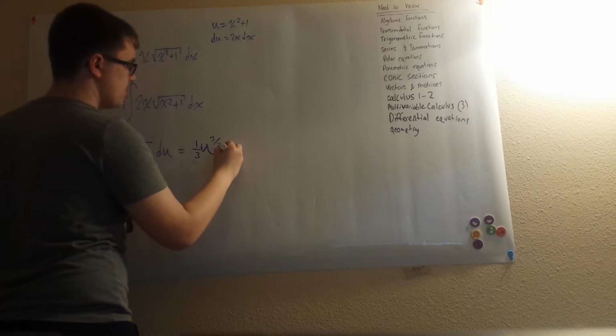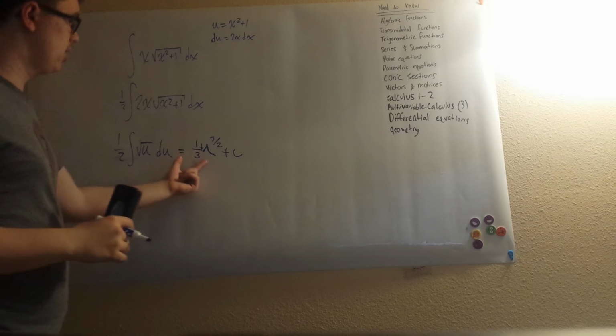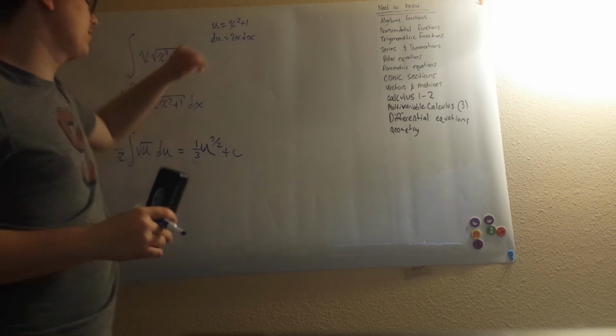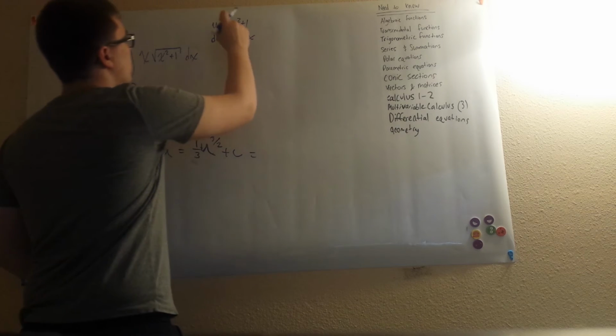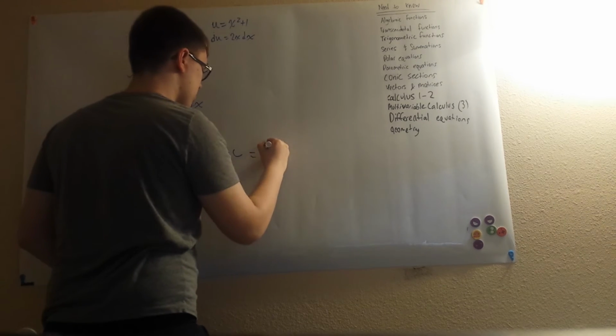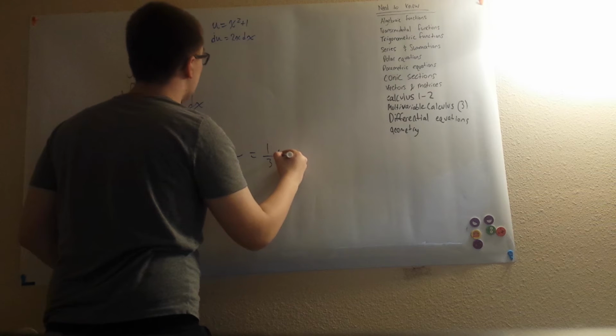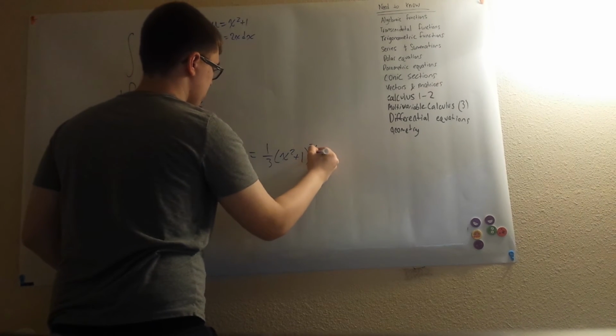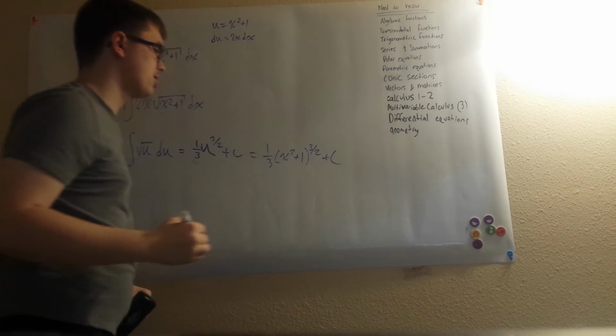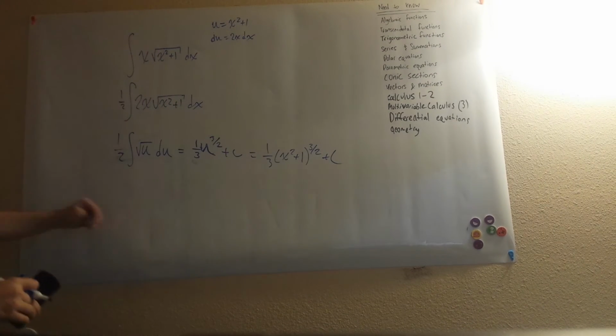Okay, plus a c. But we don't want u's in our answer, we want x's. So we just replace u with what we had in x. So this is 1/3 times x squared plus 1 to the 3 halves plus some constant c. And that's how we do the integral. So it's not so hard.